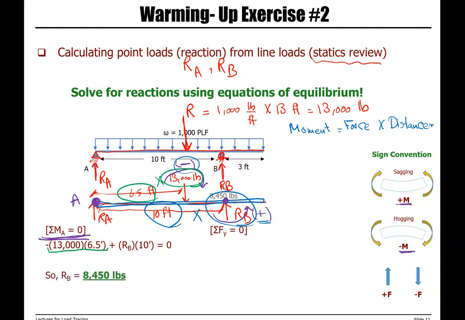So if you solve for RB, we have the reaction at point B as 8,450 pounds.